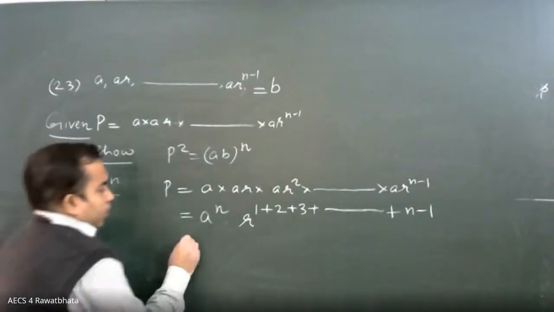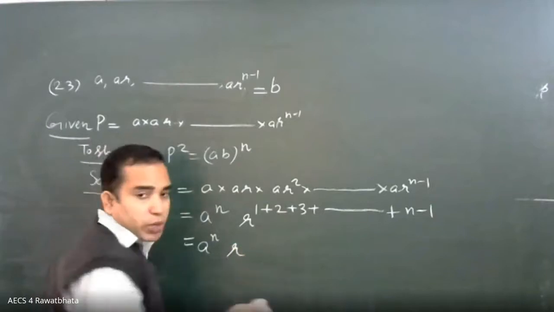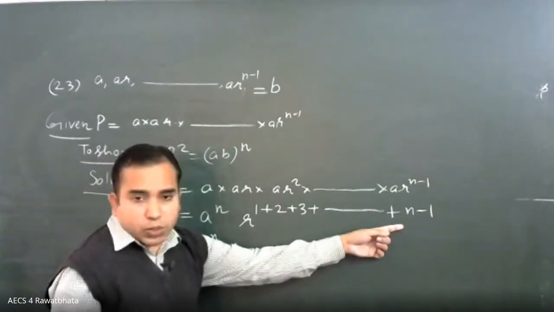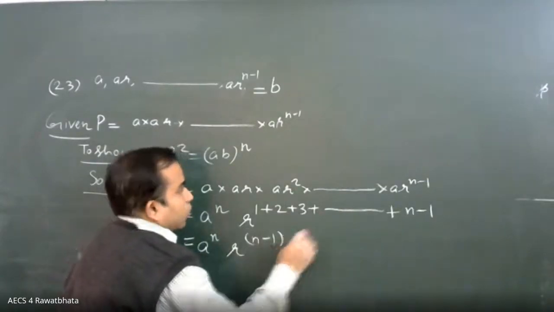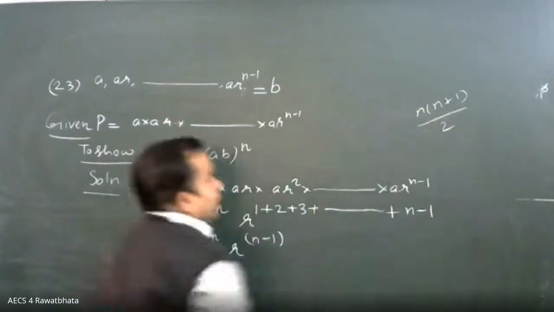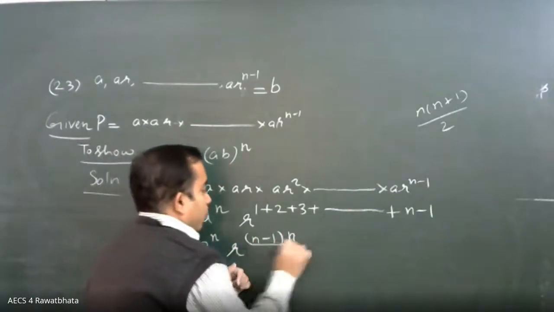And there is a formula, sum of first n natural numbers, n into n plus 1 by 2. But note that the numbers are not n, they are n minus 1. So replacing n with n minus 1, n minus 1 into n whole upon 2.